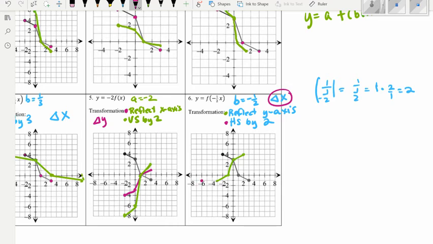And then the next one would be -1 for our x value right here, so -1 times 2 would give me -2. So that becomes this new line. Then we have an x value of 0, so 0 times 2 would stay 0. And here we have an x value of 2, so 2 times 2 becomes 4. That point would move over there. So that would be our horizontal stretch by 2.